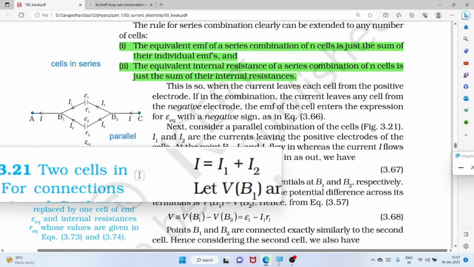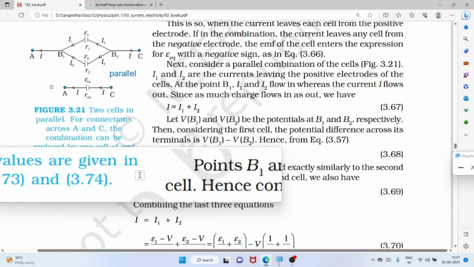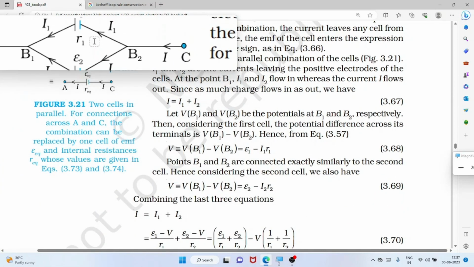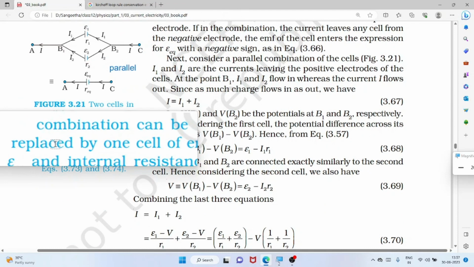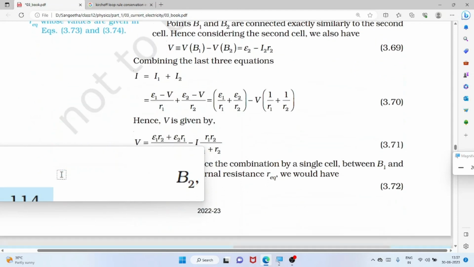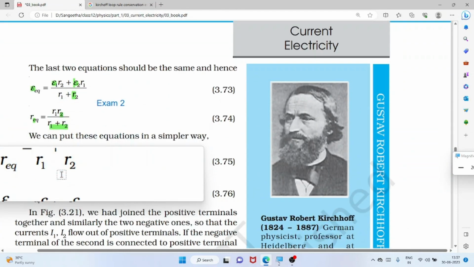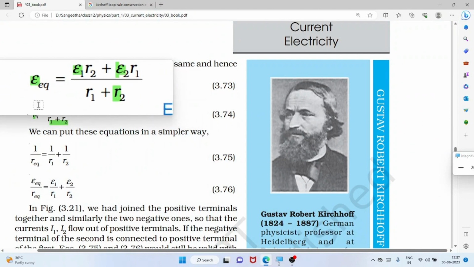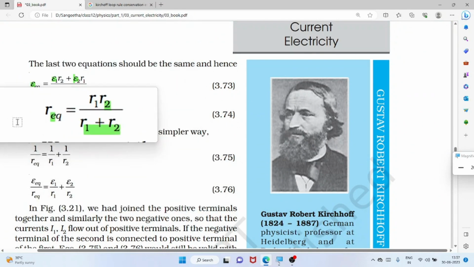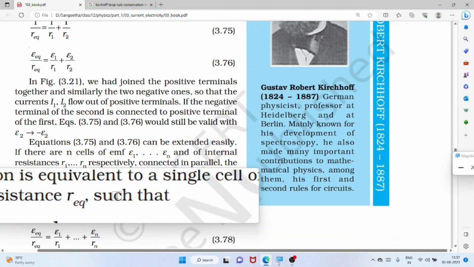The equivalent internal resistance of the series combination of N cells is the sum of their internal resistances. This is how you connect in parallel. So this is the equivalent EMF and equivalent resistance when you connect in parallel.